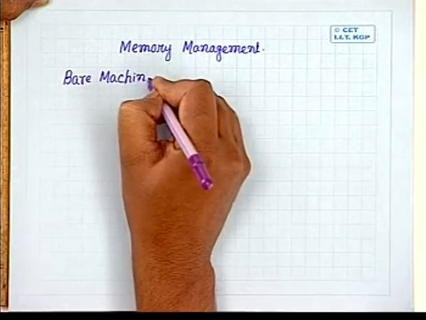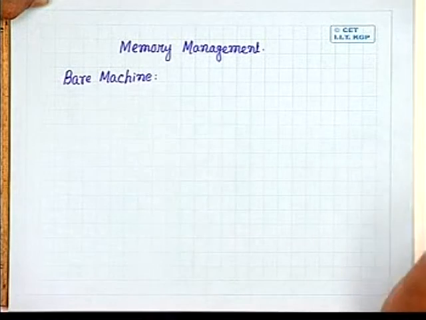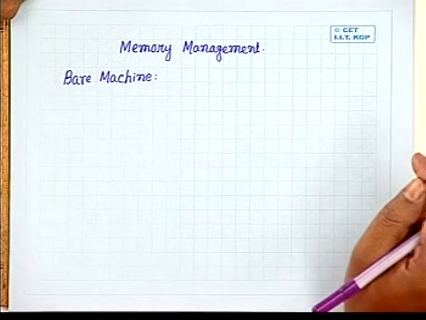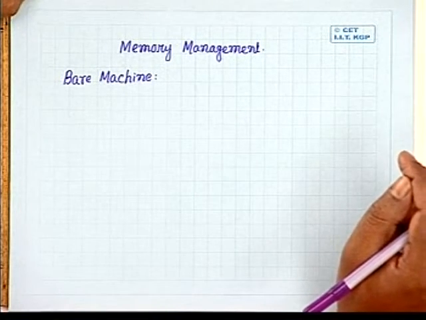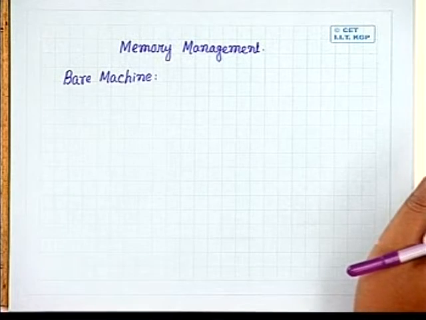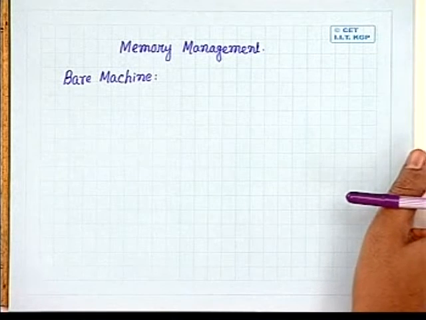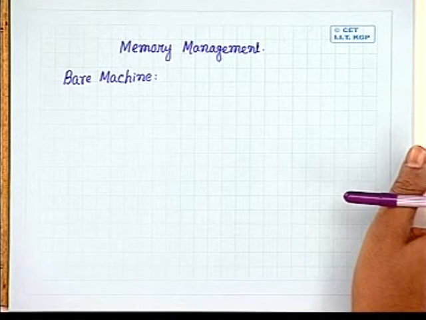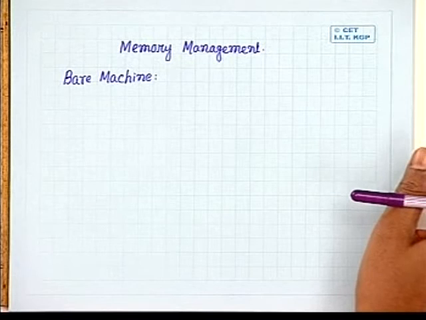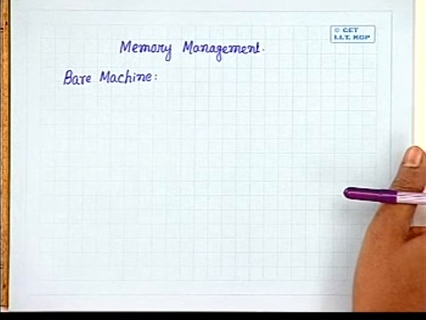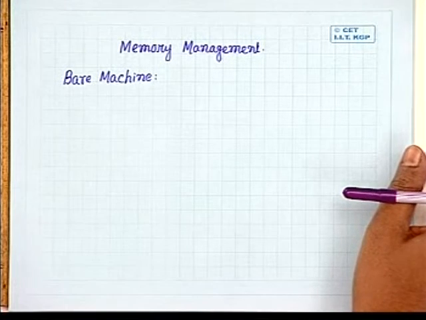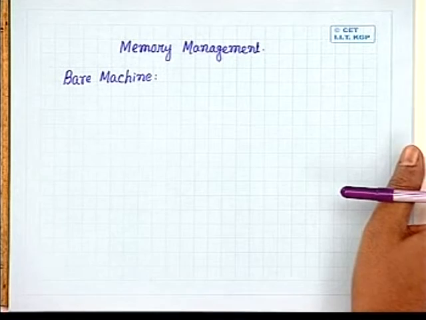And what is this bare machine? In this bare machine, it is assumed that the system does not have any preloaded operating system, because we are going to build a dedicated system. That means the kind of task that will be performed on that particular system is also dedicated, that is, application specific. So in such cases, we don't have any pre-specified operating system.